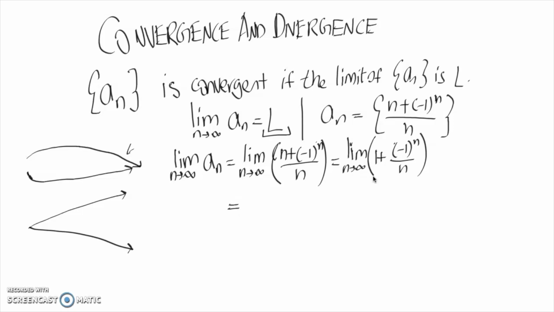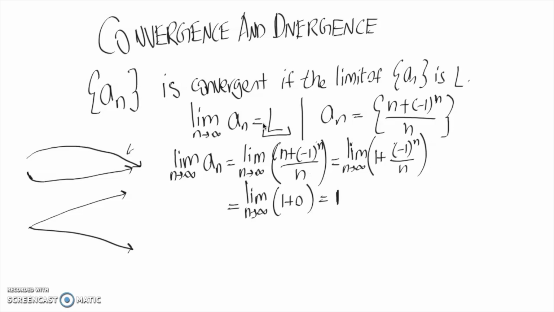Okay, from looking at this already, we know that any number over a very large positive number will obviously be 0. So the limit of this sequence is pretty much just the limit as n approaches infinity of 1 plus 0. So the limit is 1.